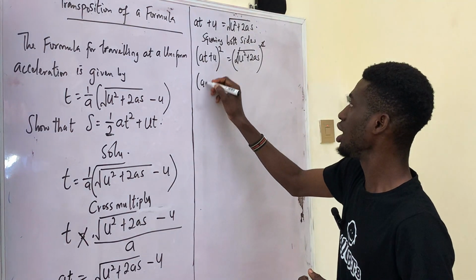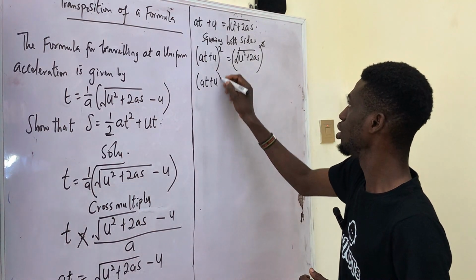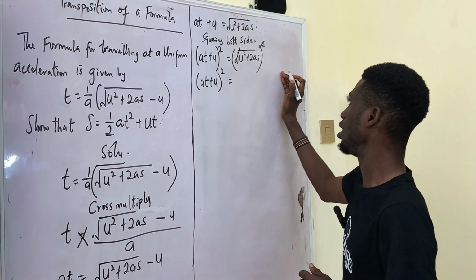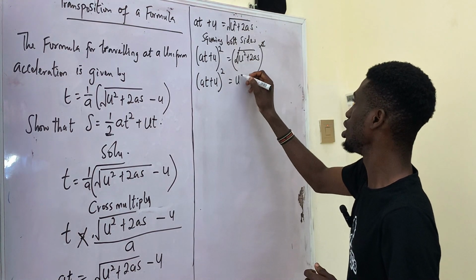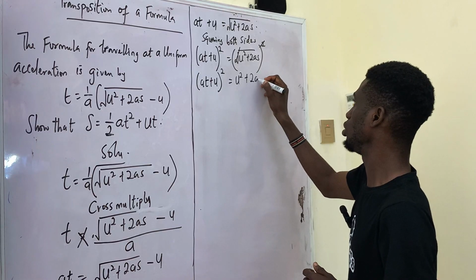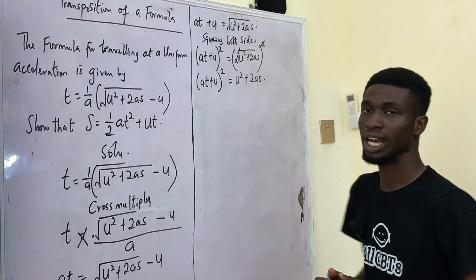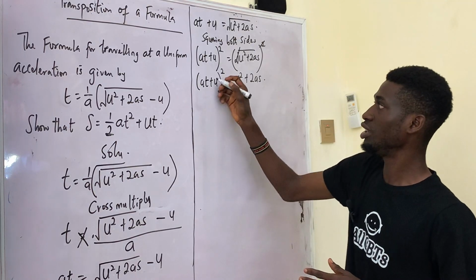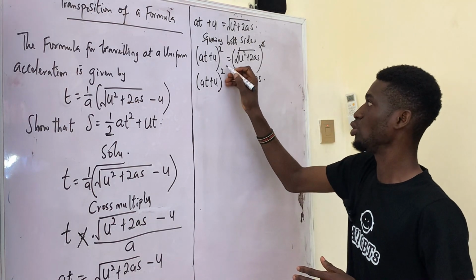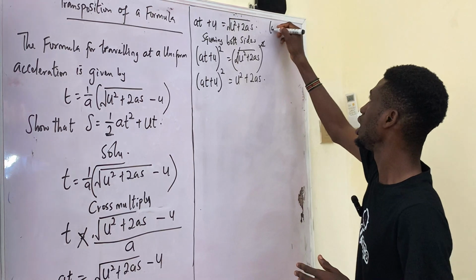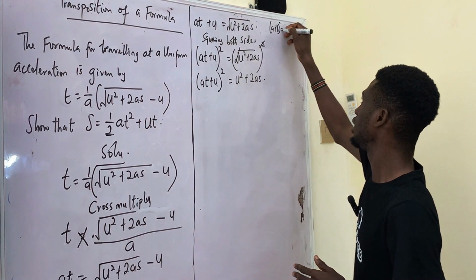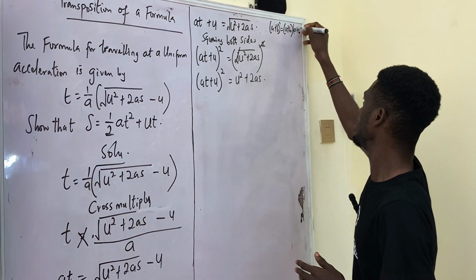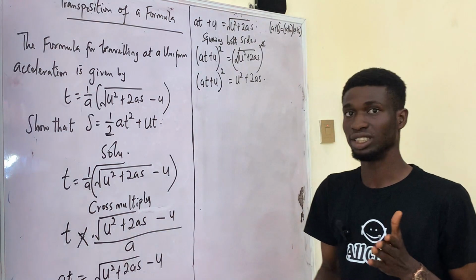So here I have at plus u all squared. Then at my right hand side, I'm going to have u squared plus 2ax. Now, as you all know, your expansion, if you have something like a plus b squared, you have to make it like a plus b times a plus b under algebraic identities.